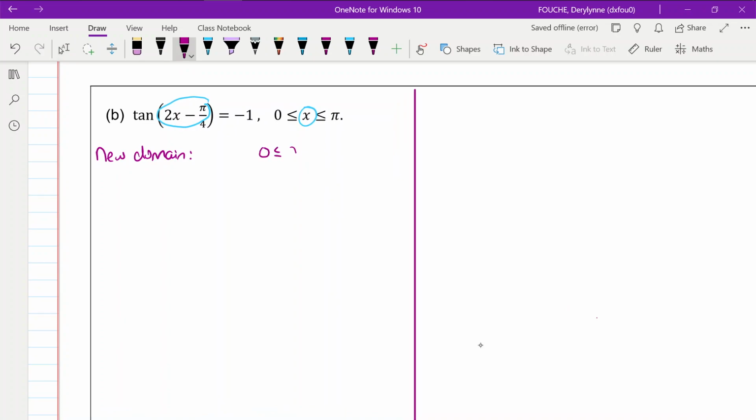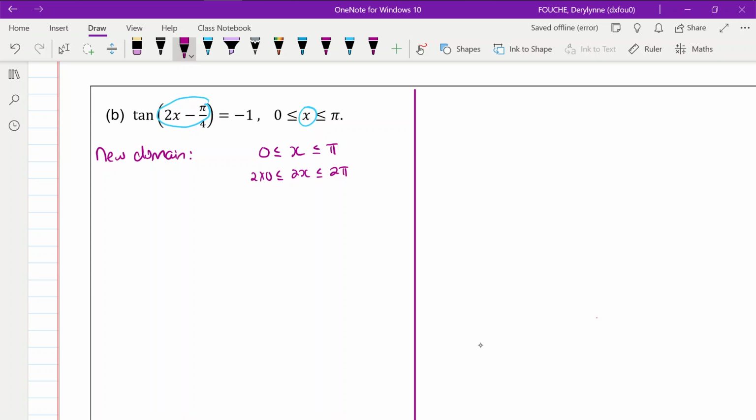So here I'm going 0 less than or equal to x less than or equal to pi. First thing I need to do is multiply everything by 2. So I've got 2 times 0 less than or equal to 2x less than or equal to 2 pi. And then I'm going to subtract pi on 4.